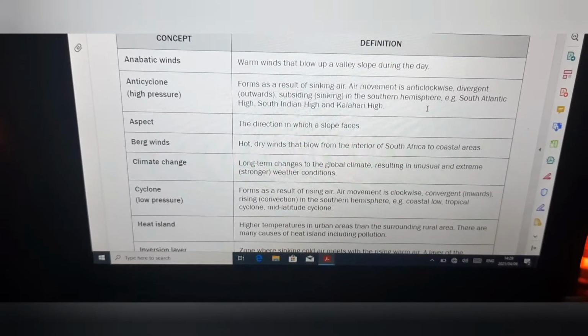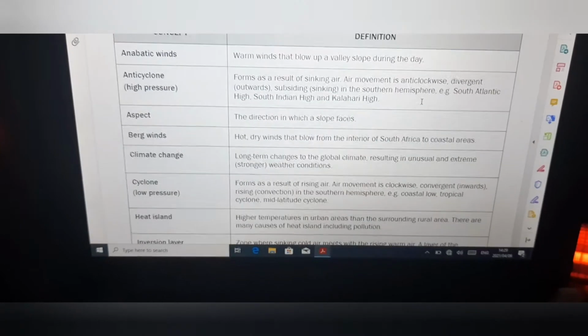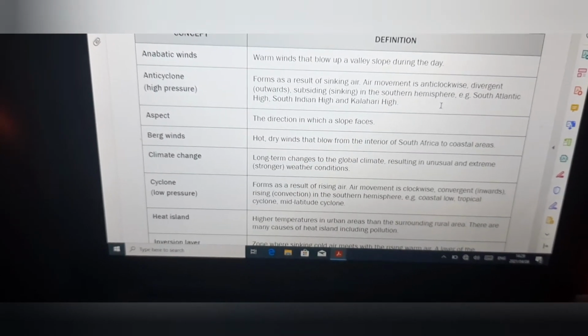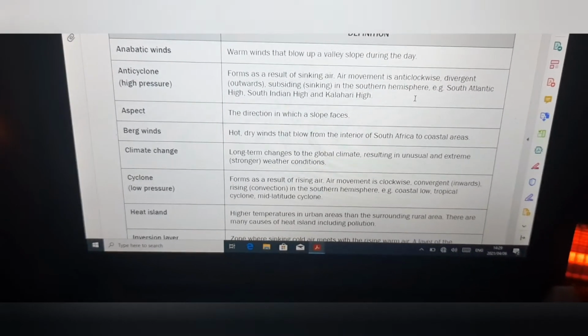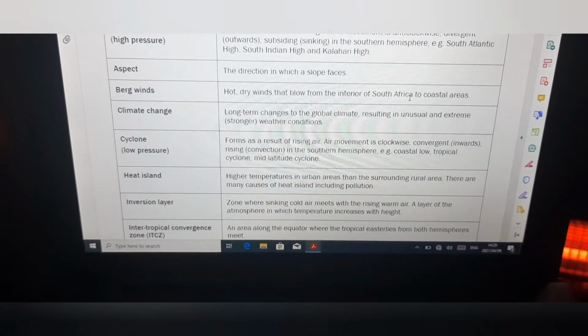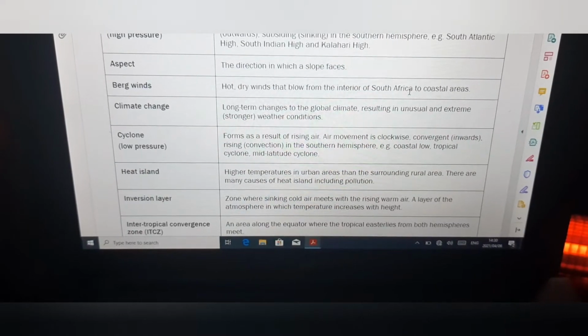These are hot, dry winds that blow from the interior of South Africa to the coastal areas. Those are berg winds. And then you have climate change. When they ask you to define climate change, this is the definition: long-term changes to the global climate.